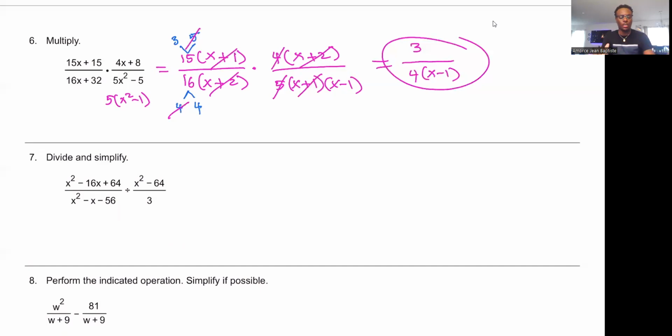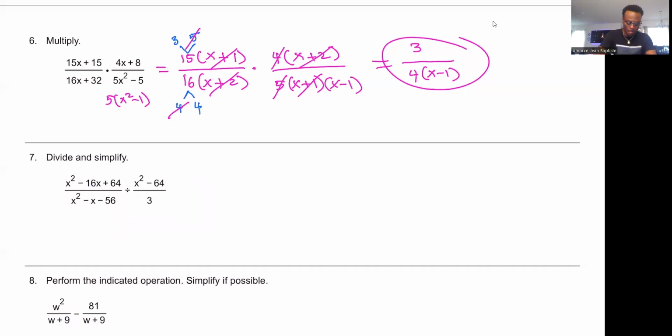Here is a division. A division, like I said, is also a multiplication, but you want to keep your first fraction, change the division to a multiplication, and then flip the bottom equation, not fraction, right? So you'll get that.